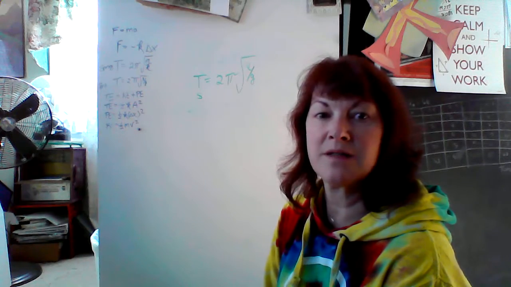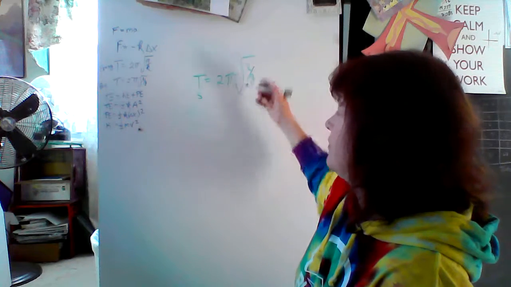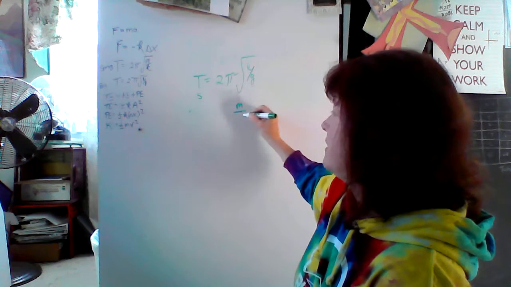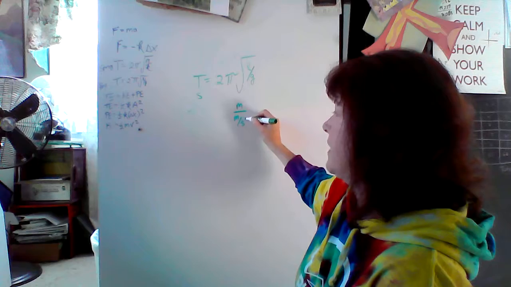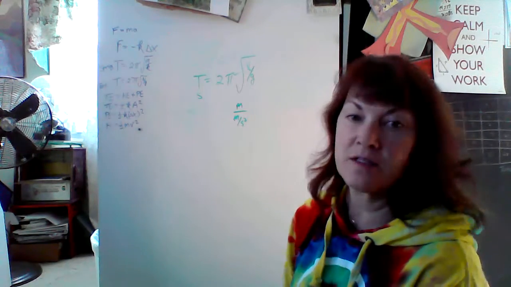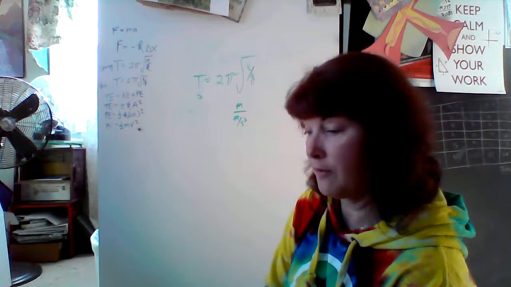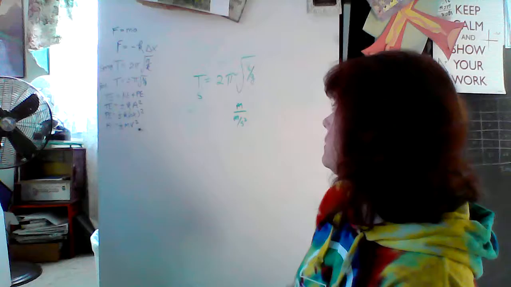When it's somewhere else, it will, of course, be something different. But again, the units would be meters divided by meters per second squared. The meters cancel out, and we still have our seconds squared under the radical, giving us our seconds for the units for period.